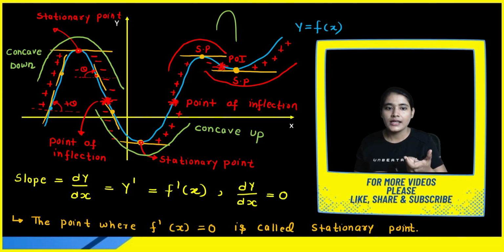Because if you have any tricky function, you can't draw the graph immediately. So if you are not able to draw the graph, then how is it possible for you to find the point of inflection? So now we are going to add some mathematical calculation and mathematical expression through which you can easily calculate the point of inflection.